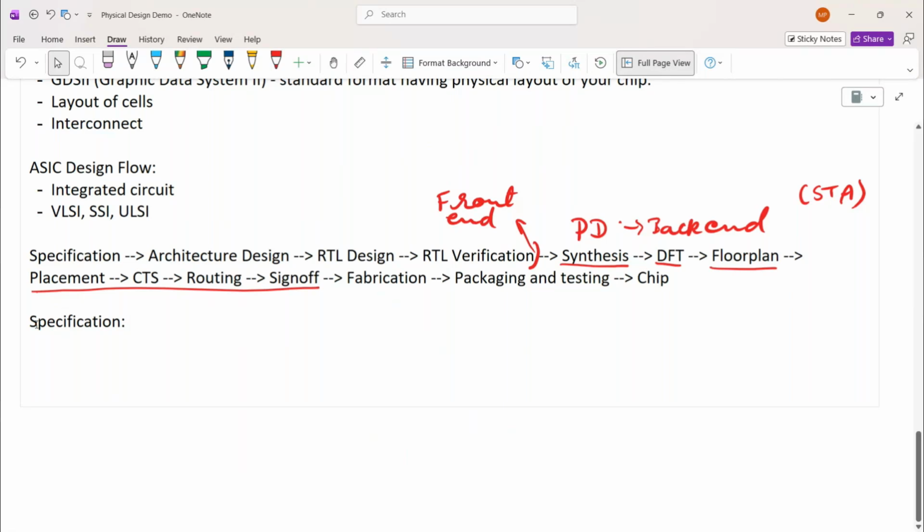It has to work inside some bigger system, right? It is a part of some bigger system working in some other area. So specification is where your client will give you the idea: I want the chip to work like this, in this much frequency, this fast, right? That is the idea the client is giving us.